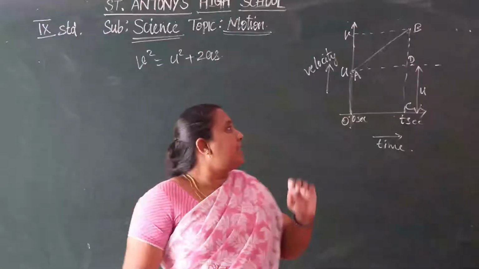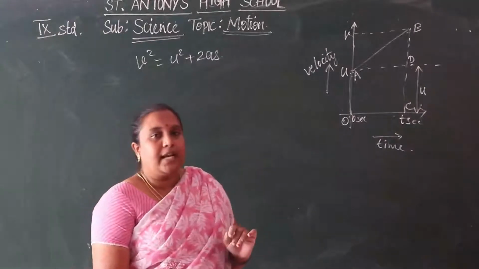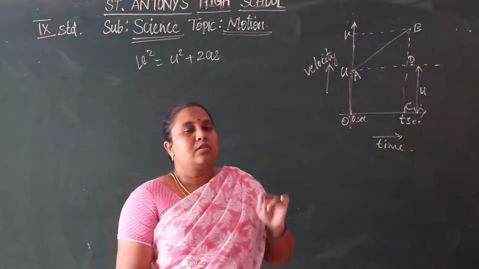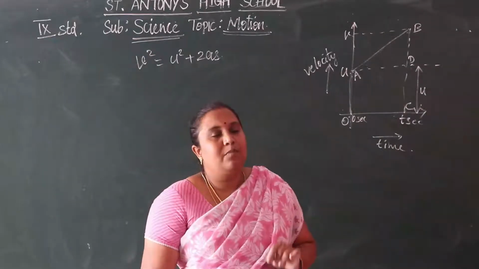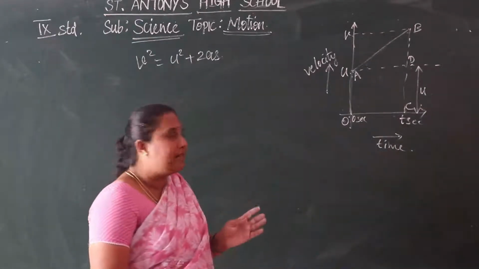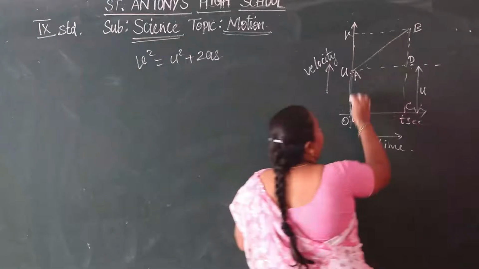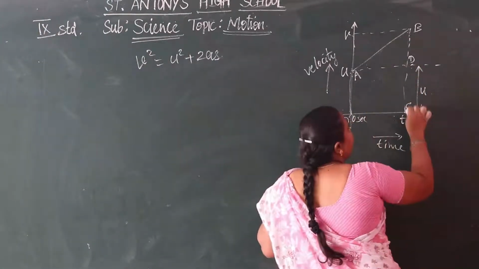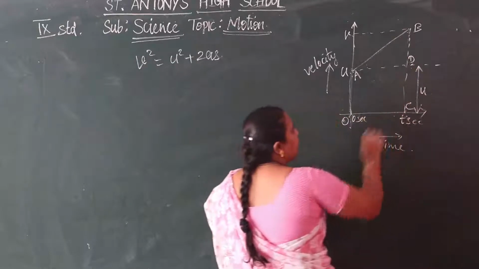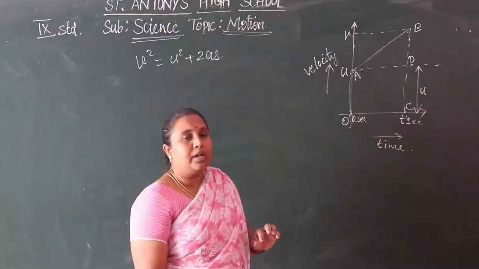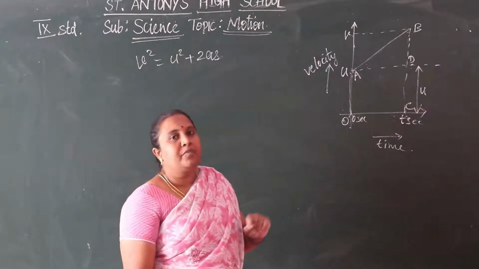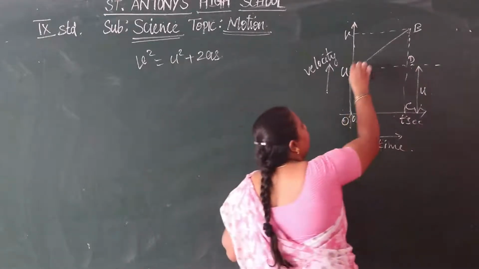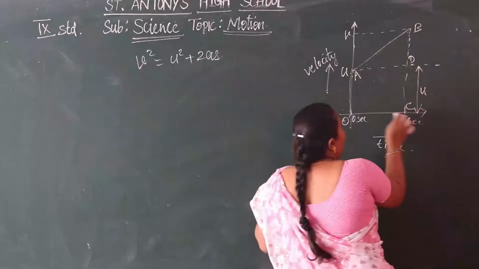By the same graphical representation, we can take the trapezium OABC. So the area of the trapezium OABC we can take as OA plus OB into OC by 2. So we want to find the area of trapezium, half into OA plus OB into OC.